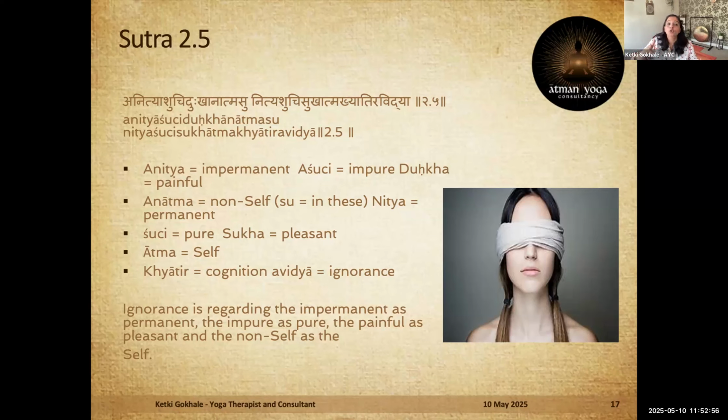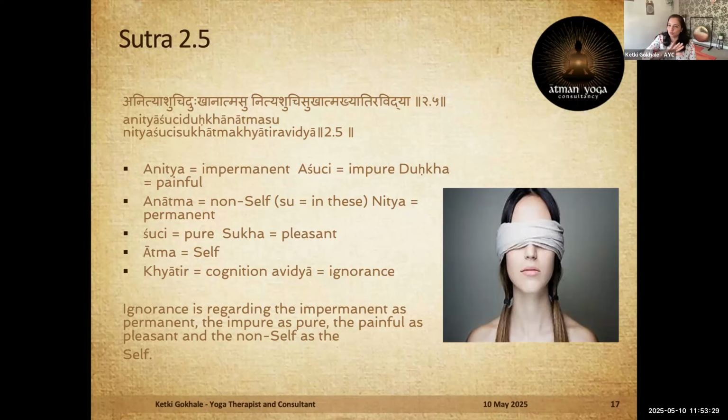And then dukkha, the pain producing, we take it as pleasure producing. We keep on satisfying our senses because we feel that if I keep on satisfying my senses, I am gaining pleasure. But the more and more we satisfy our senses, it will not lead to sukha, but in fact, dukkha.